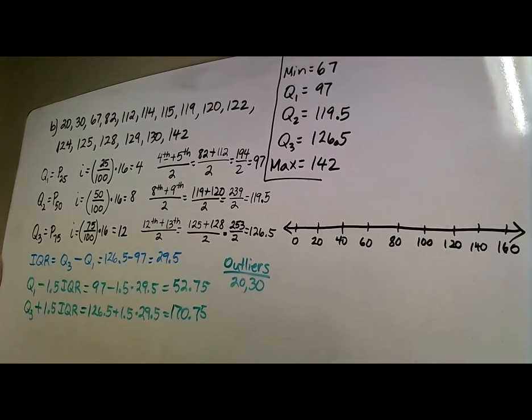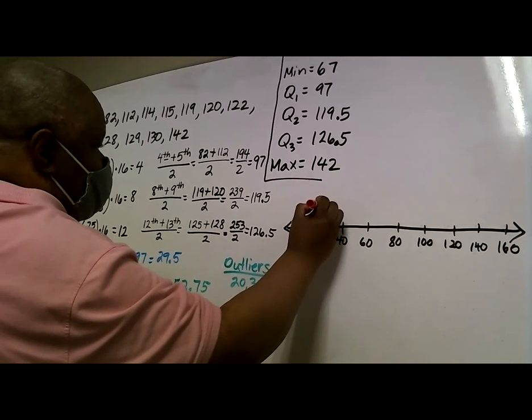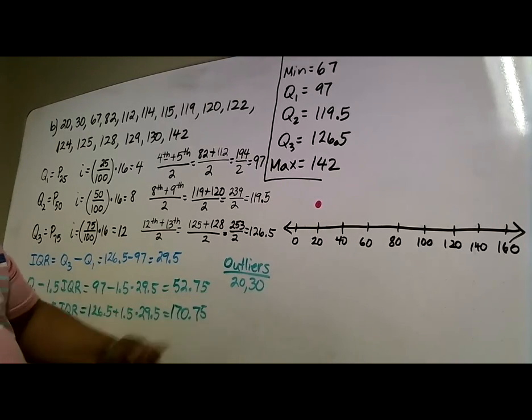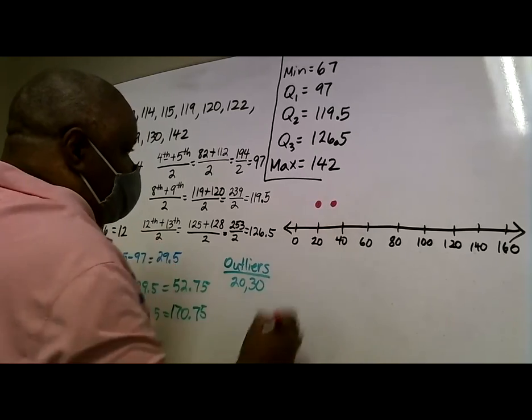I know that my outliers are 20 and 30. So at 20, I'm gonna draw a dot there to indicate my outliers, and 30 is halfway between 20 and 40. So another dot goes there.